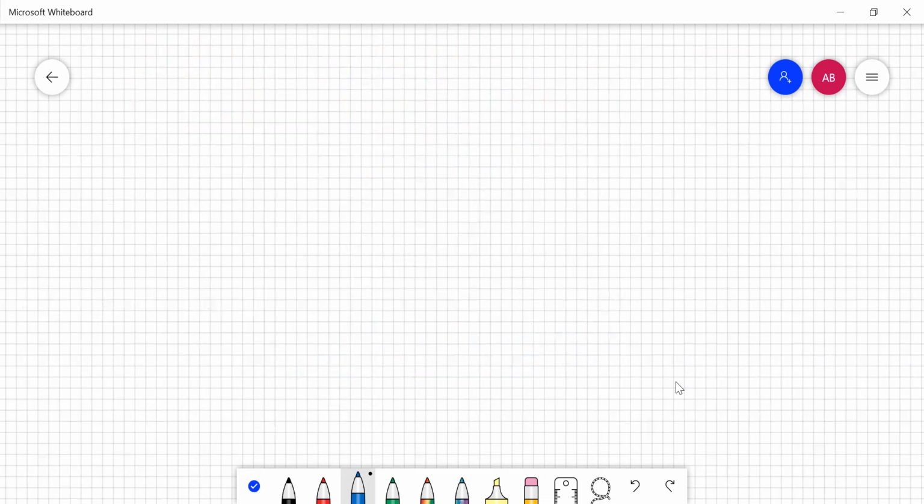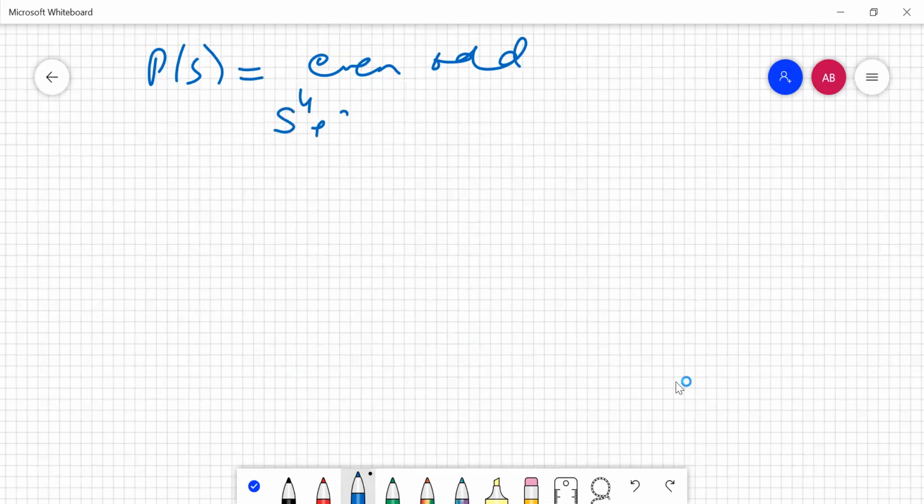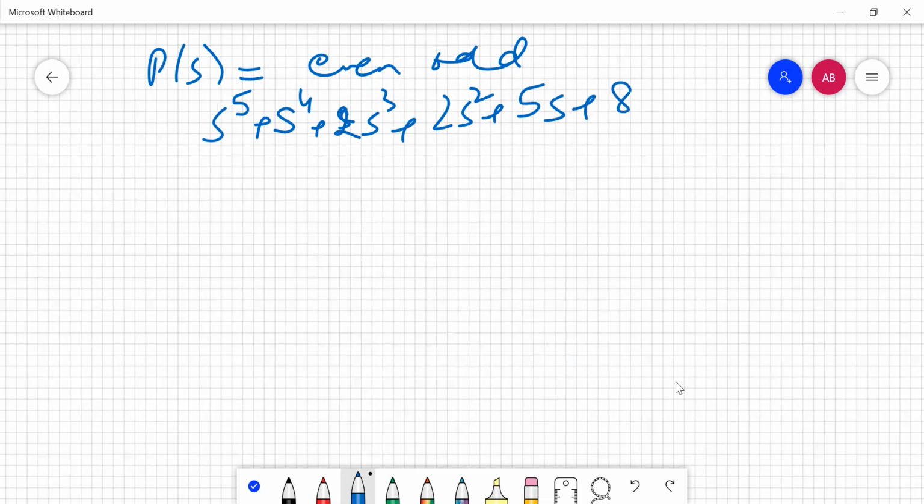The next property calls for the fact that any polynomial P(s) can always be divided into even and odd polynomials. So let's say there is a polynomial s^5 plus s^4 plus 2s^3 plus 2s^2 plus 5s plus 8.